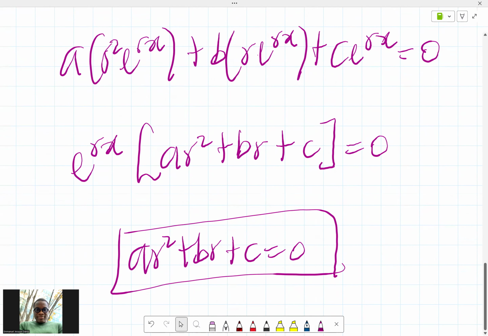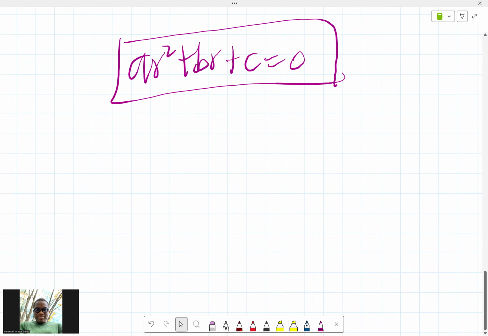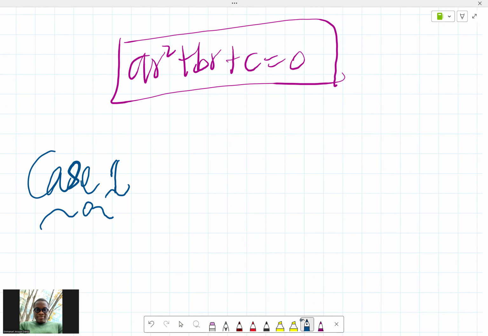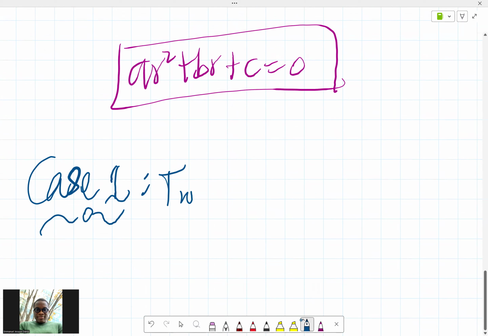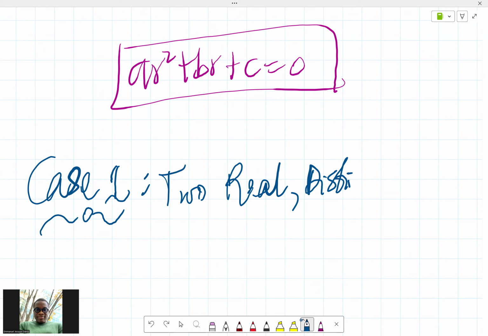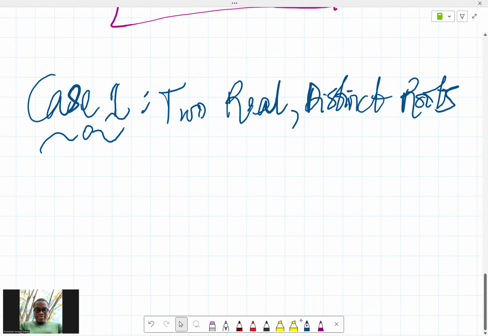The nature of the solution depends on this characteristic equation, so we have different cases. Case one: this is a quadratic expression for sure, so we can have two real distinct roots.